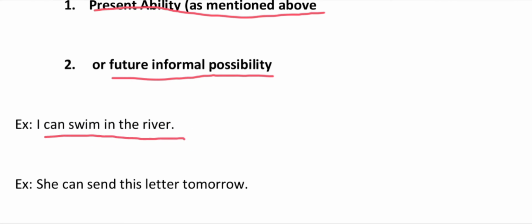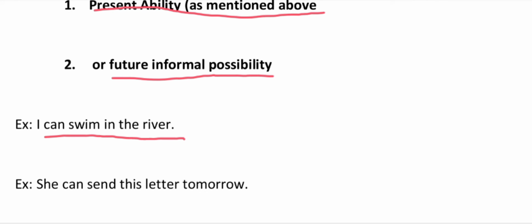It shows your ability also, which is the first use, but it also shows your possibility either in future or in present. For example, if your friends are going for swimming and they do not want to take you with themselves, so you can tell them that I can swim in the river. It means that there is a possibility that I can. And once you went there and you jumped into the river, then that is your present ability. So it can be used for possibility as well as ability.